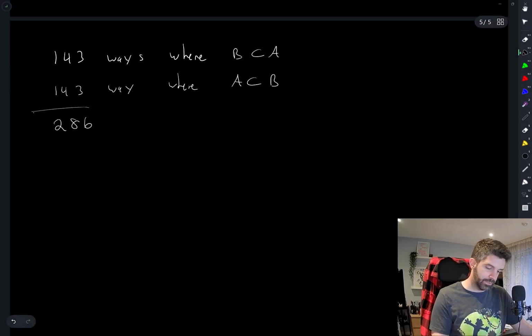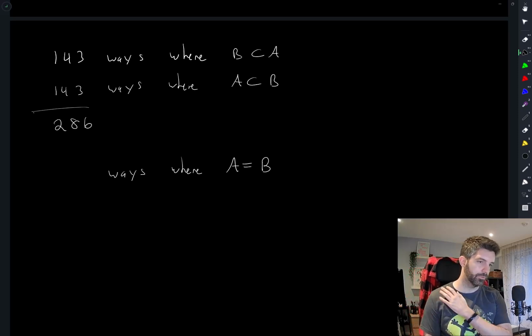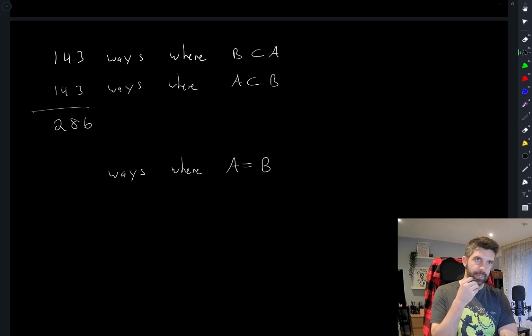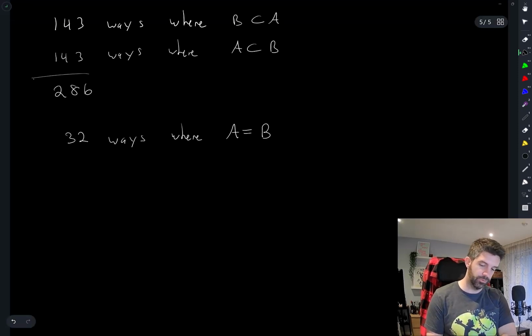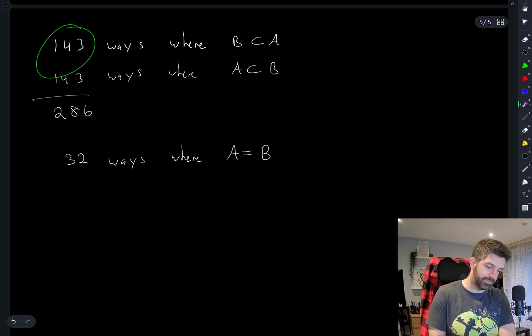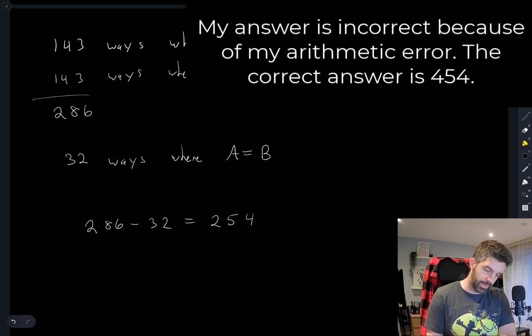And now let's subtract how many ways where A is equal to B. That's just the total number of subsets. Any subset of S, we take 2 copies of it. And that's 32. So by adding these together, we have double counted 32 ways. So I need 286 minus 32, which is 254. That's going to be my final answer.